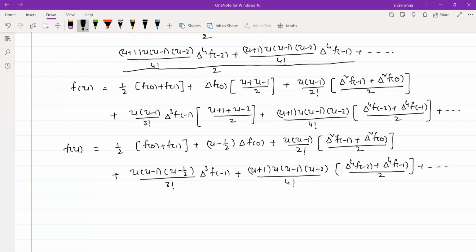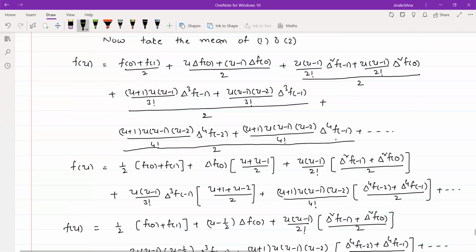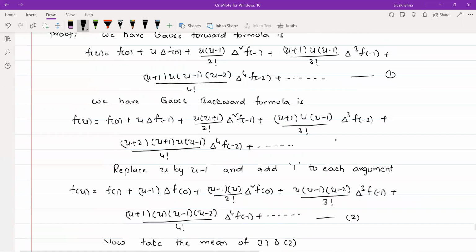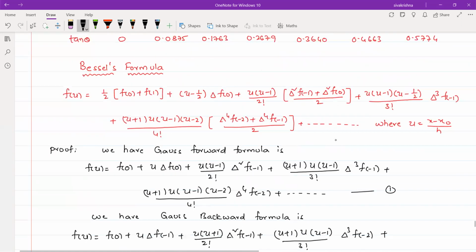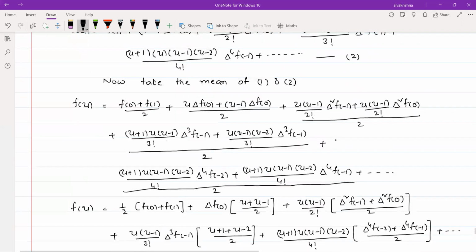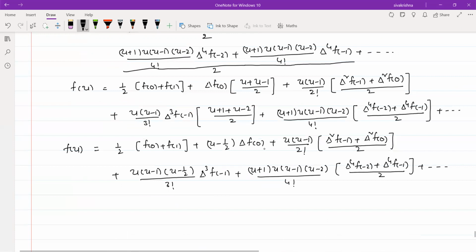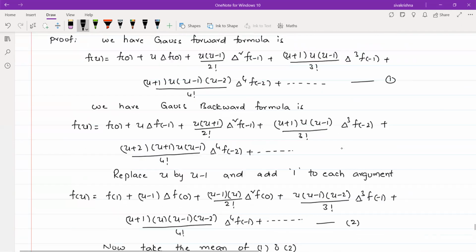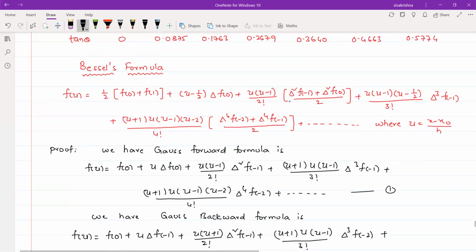If you observe the terms in this step, the first term is half into (f of 0 plus f of 1). That is what we get here. The second term is (u minus half) into delta f of 0. The third term is u into (u minus 1) by 2 factorial into (delta square f of minus 1 plus delta square f of 0), by 2.